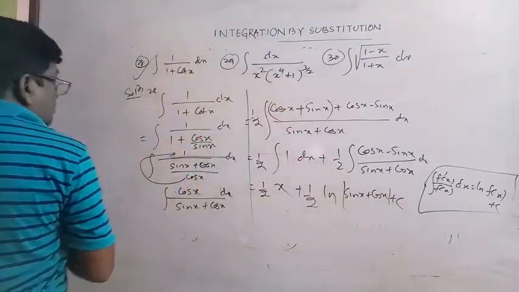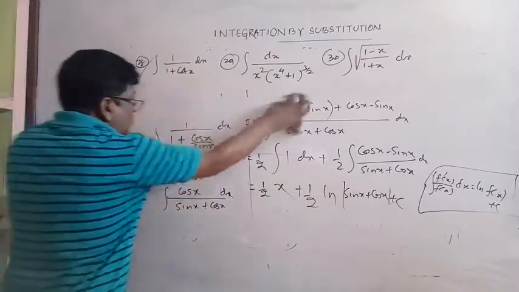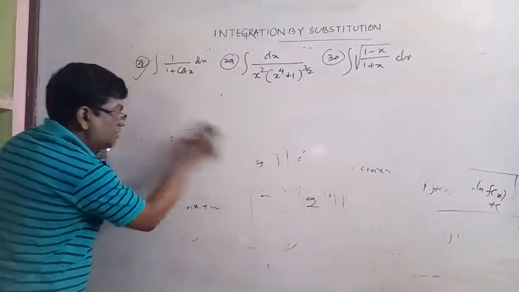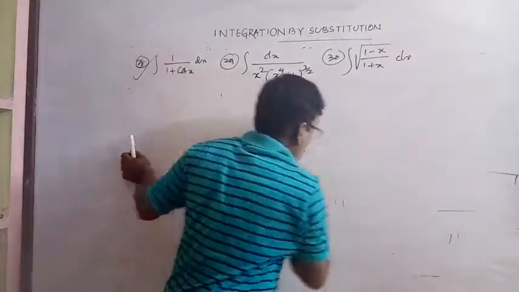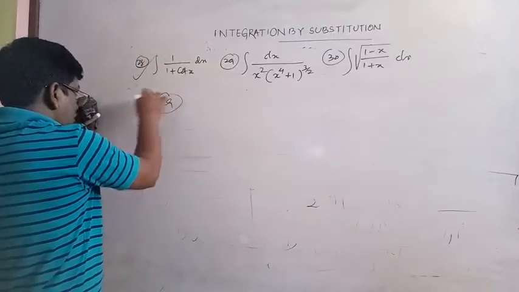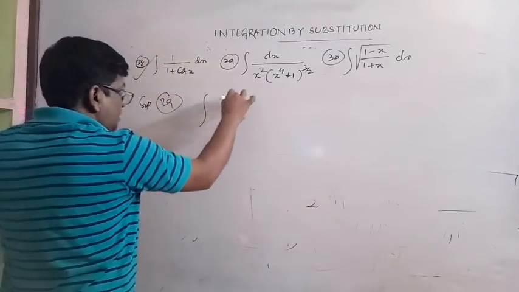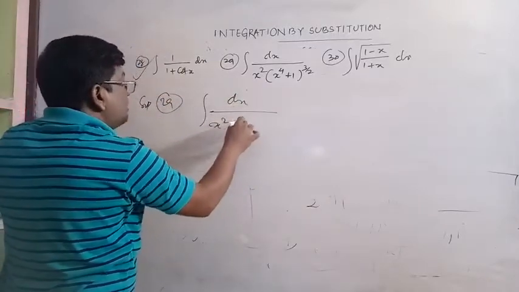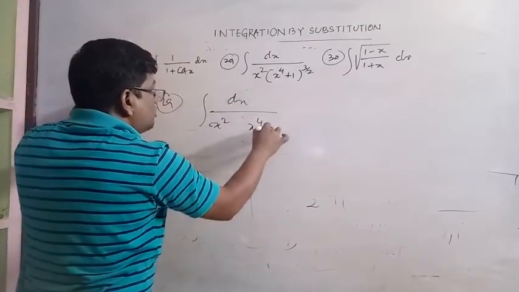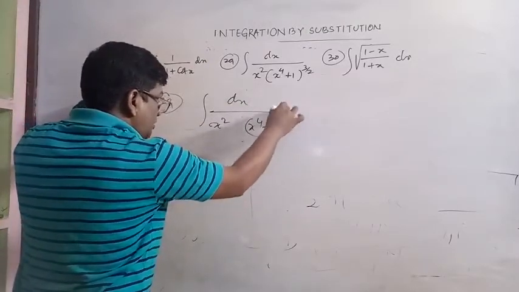Now question number 29. Solution: the integral of dx by x square, into (x fourth plus 1) to the power 3 by 2 dx.